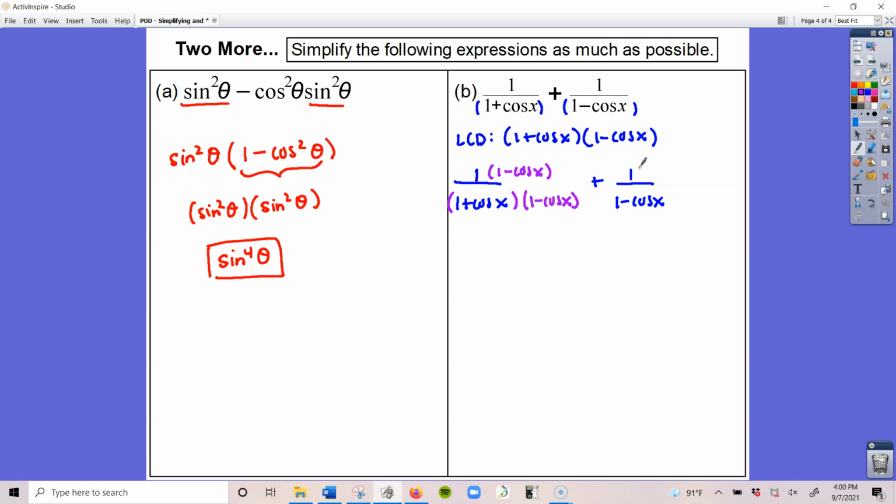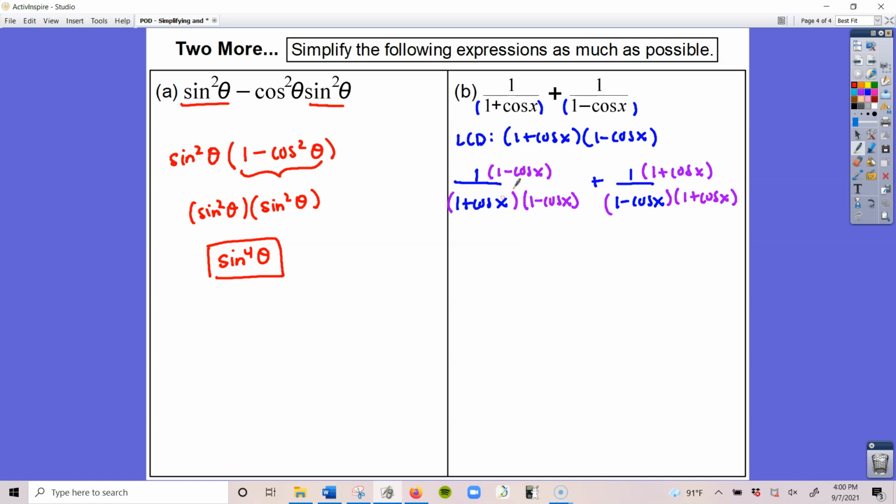For the next fraction, 1 over 1 minus cosine x, I am missing the 1 plus cosine x from the least common denominator. So I'm going to multiply that to both the numerator and the denominator. Now let's write this again with our new denominators.